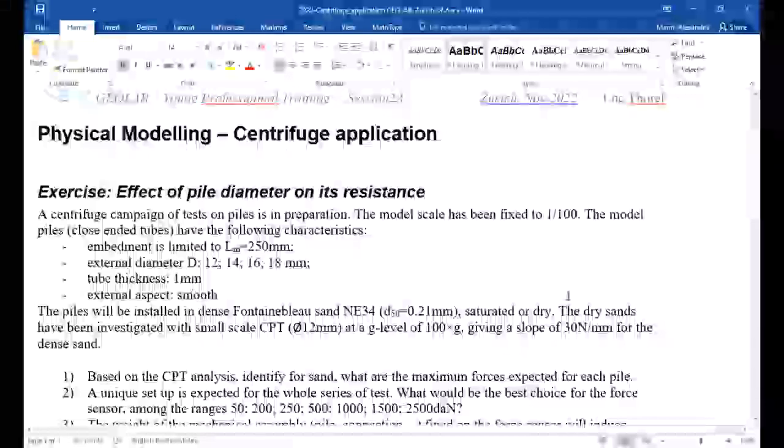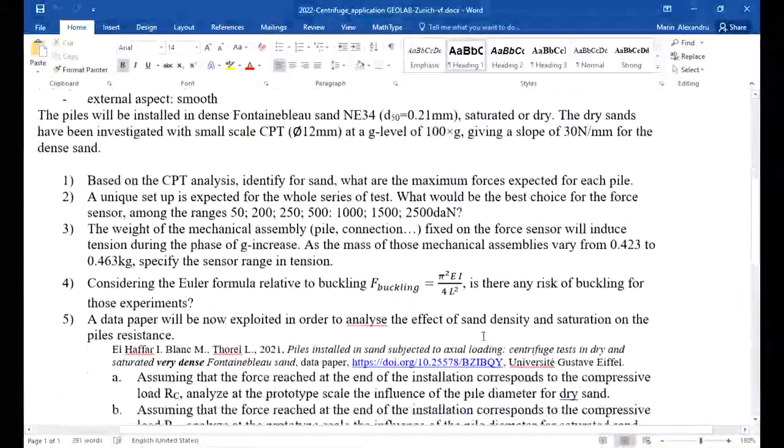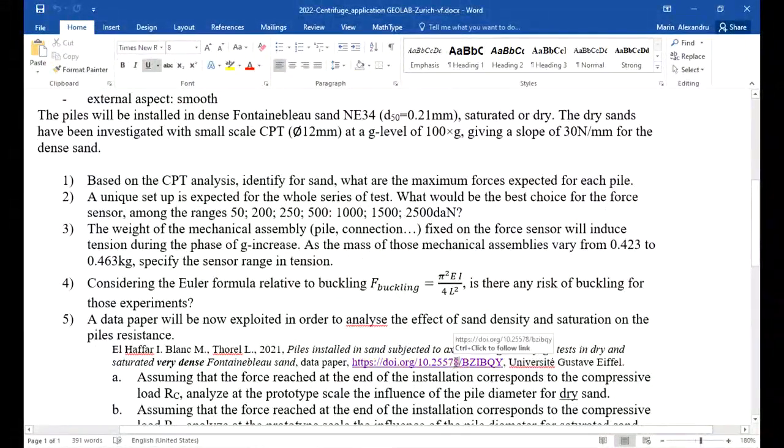Yeah. So the data is on this link. I don't know if I am connected here, or yes.